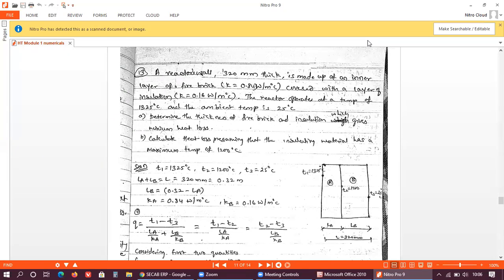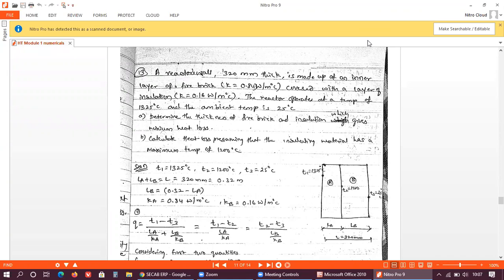For composite slab, the problem statement is something like this. The reactor wall is 320 thick. It is made up of an inner layer of fire brick, with a thermal conductivity K equal to 0.84 watt per meter degree Celsius, and covered with a layer of insulation.